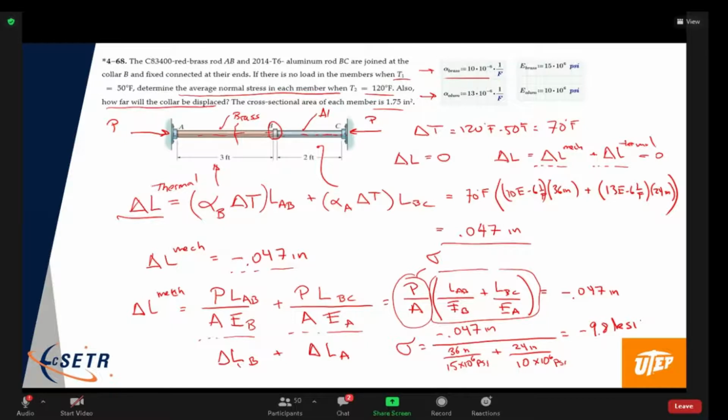It's equal. Now, if you wanted to figure out how much point B actually moves, well, in that particular case, they give you the cross-sectional area, right? So you can figure out actually the force P, because the force is going to be the stress times the cross-sectional area.